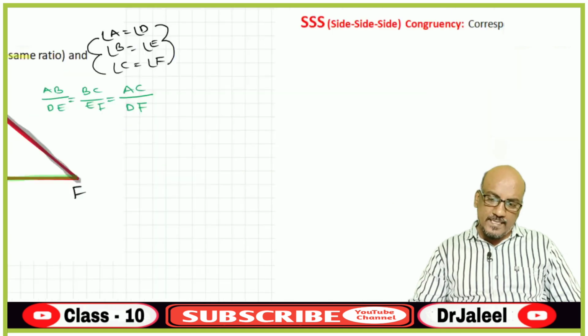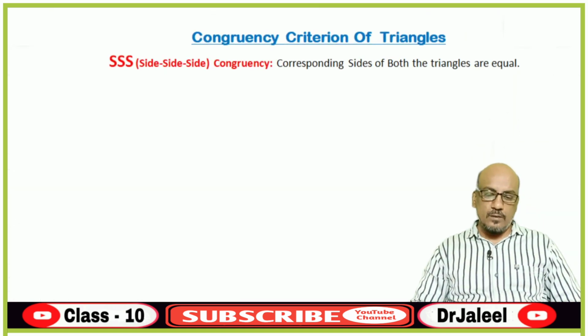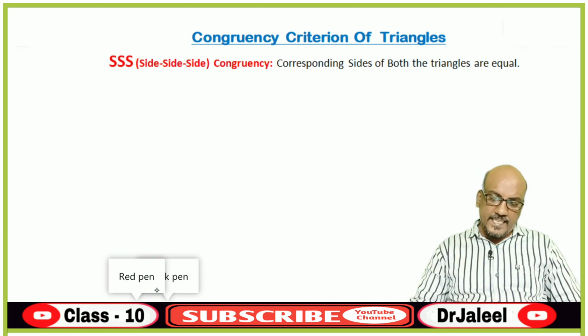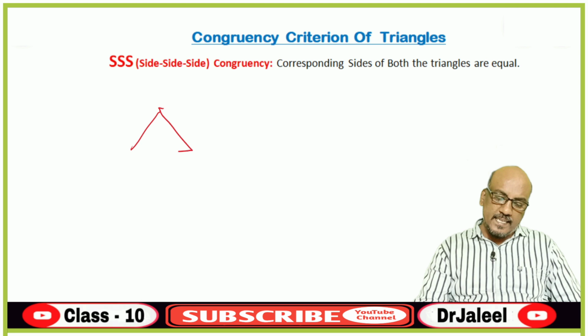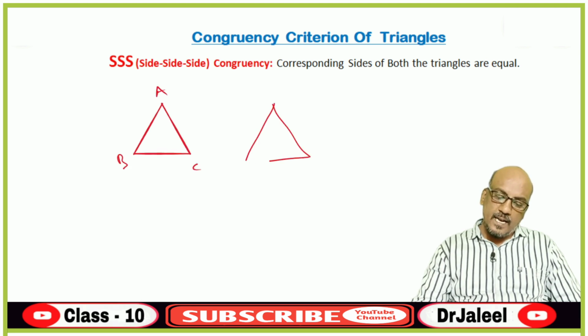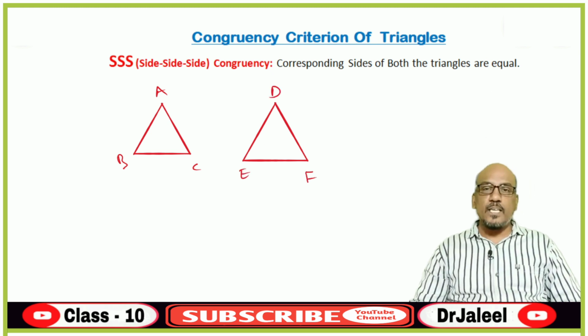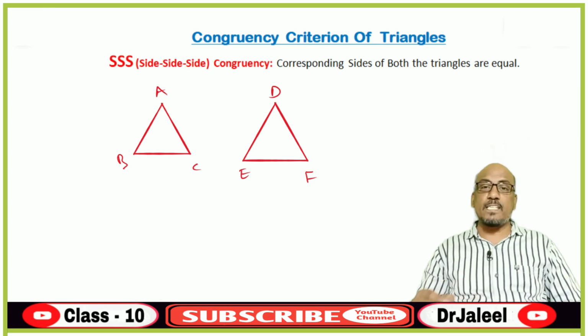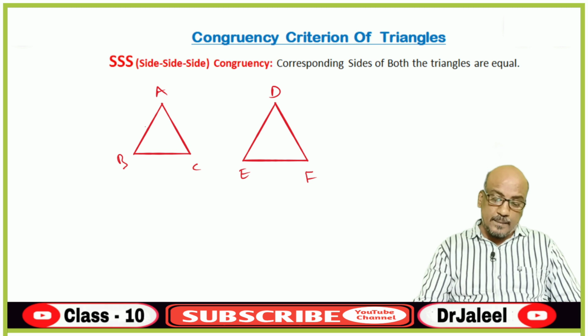So children, now let's get into the criteria of congruency. So when I take two triangles ABC and another triangle DEF, they both are congruent, no doubt. They are congruent when the corresponding sides are equal, that means AB is equal to DE, BC is equal to EF and AC is equal to DF.